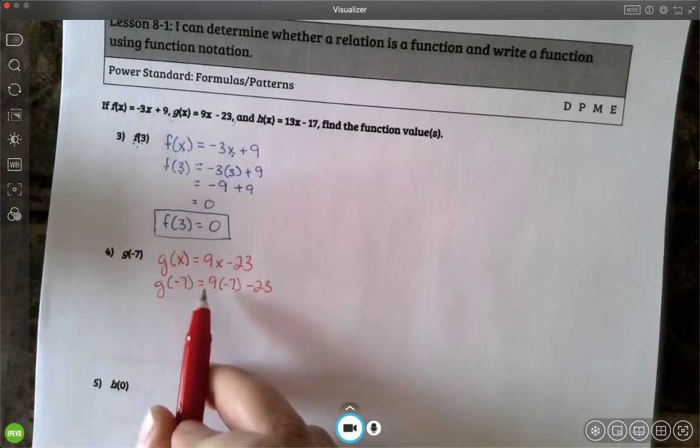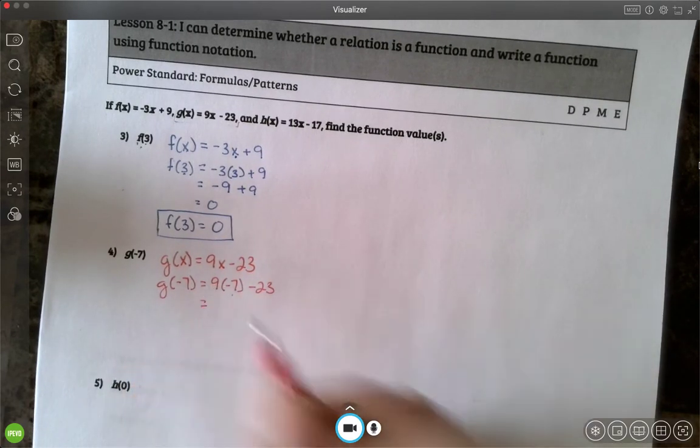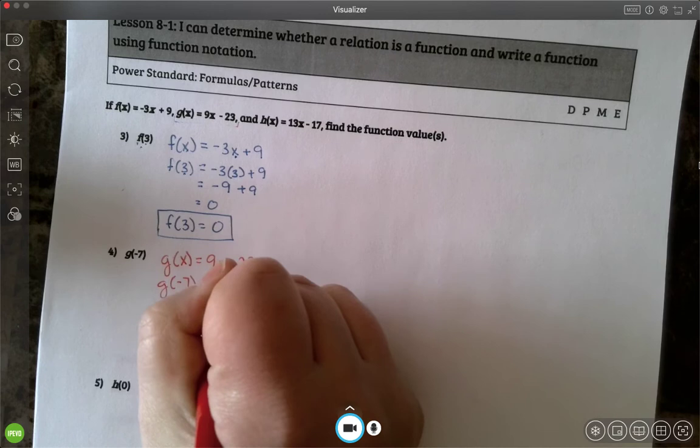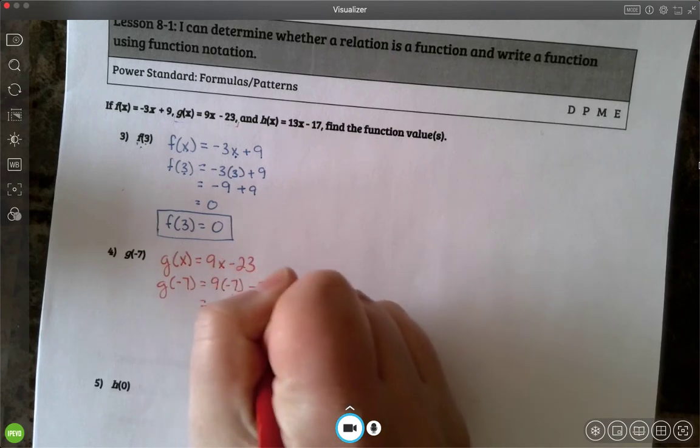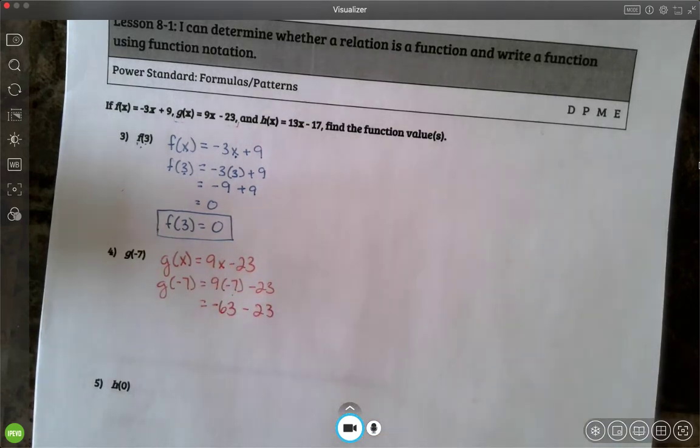So then I have 9 times negative 7, which is negative 63. Make sure you use a calculator so that way you don't have to worry about accidentally multiplying wrong or subtracting incorrectly, okay? So 9 times negative 7 is negative 63.